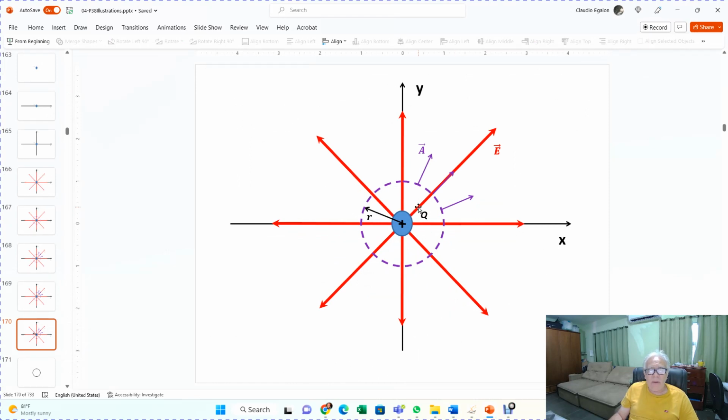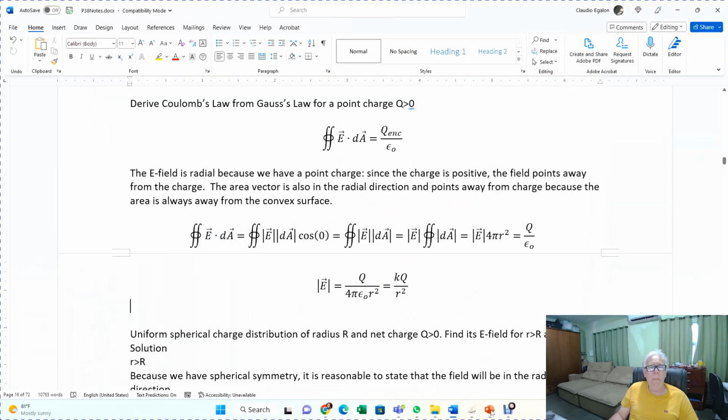Because the distance of this point to the charge is the same as the distance of this point to the charge and so on, we can state that the magnitude of all those electric fields are going to be the same. So no matter what's the position, the electric field magnitude at the spherical surface is going to be the same no matter what, because the distance is the same from the point charge, right?